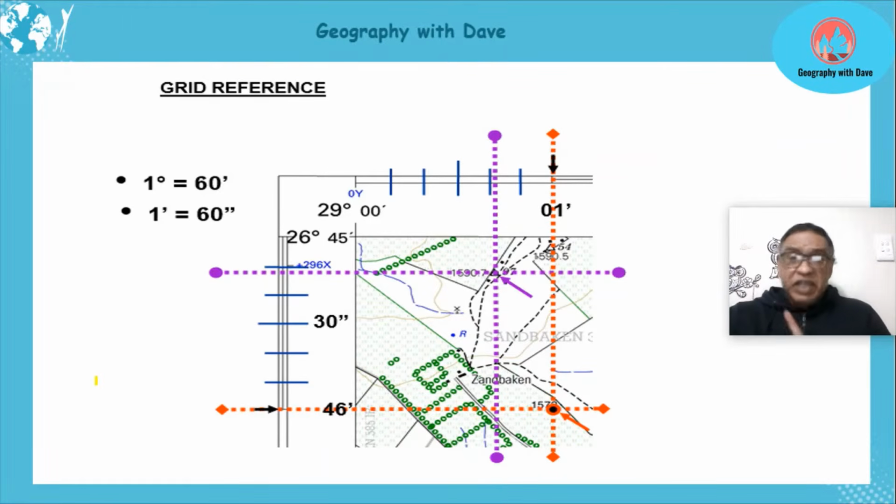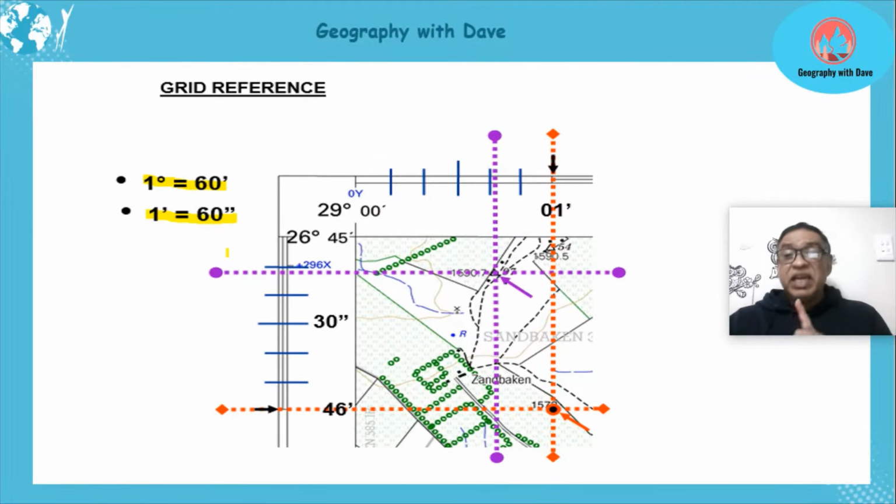So one of the things you need to look at is the conversion from degrees to minutes to seconds. Okay, now I have it here. 1 degree is equal to 60 minutes. All right, and 1 minute is equal to 60 seconds. We need to know that in order to work out the grid reference.